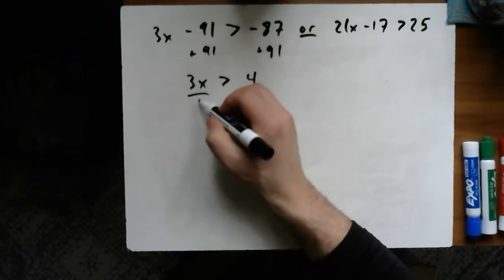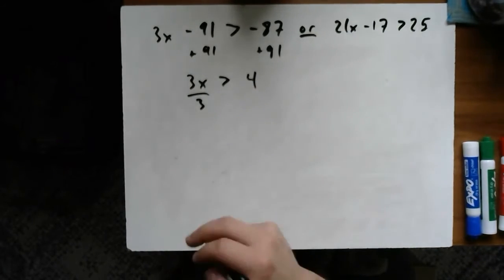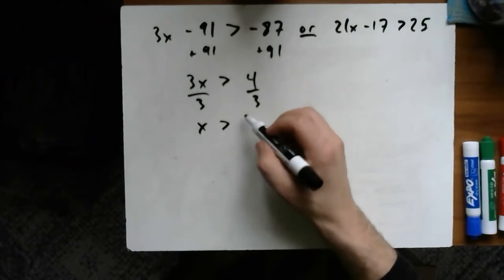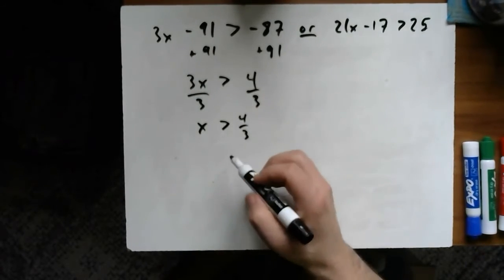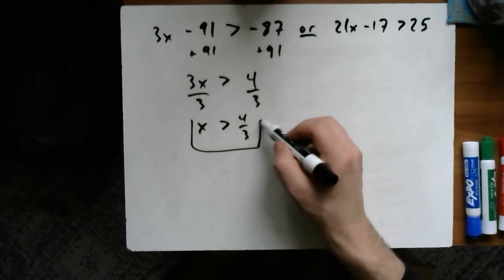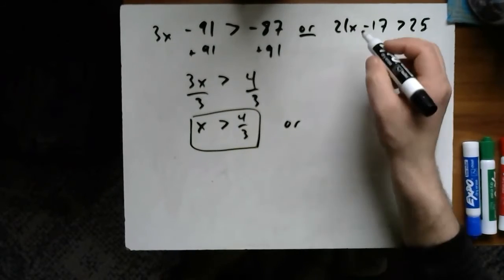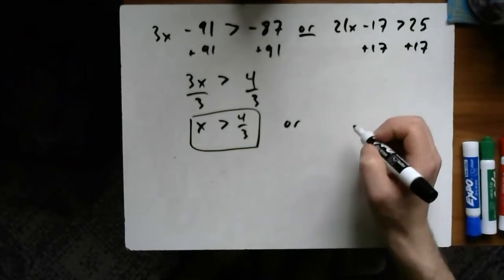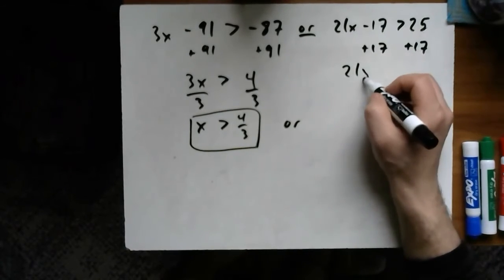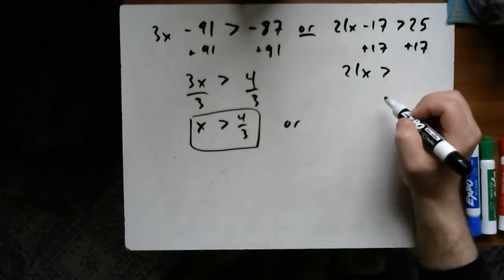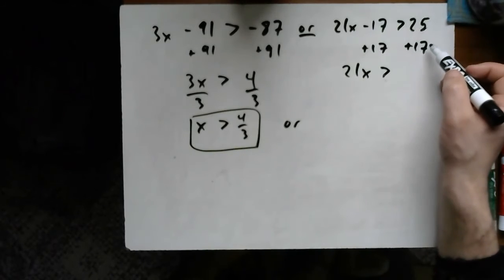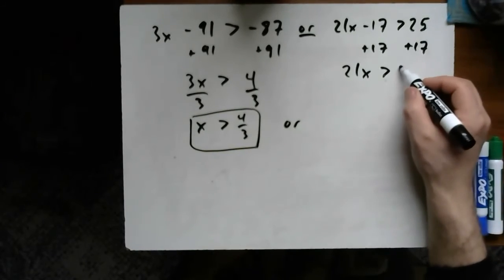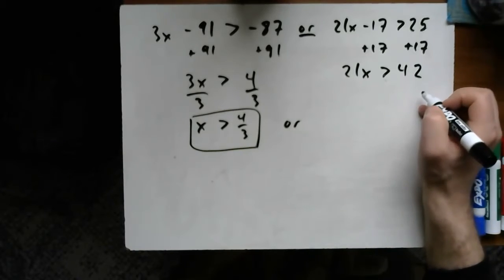Then I divided both sides by 3. That gives me x is greater than 4/3. All right, great. Or, and now over here, plus 17 to both sides. So now I have 21x is greater than 42.